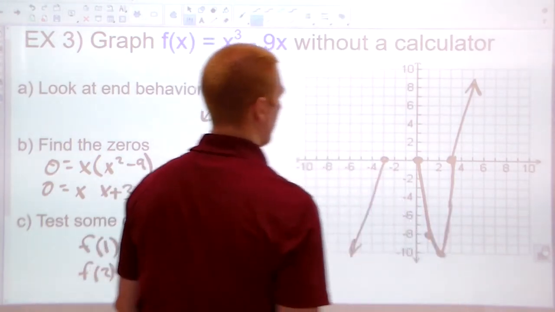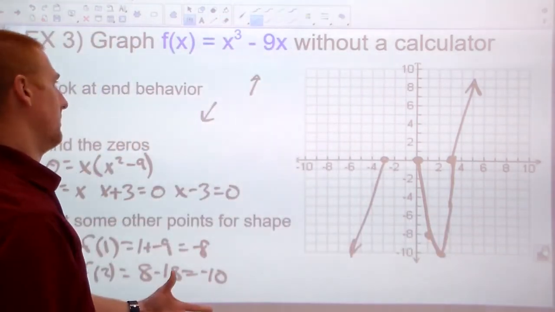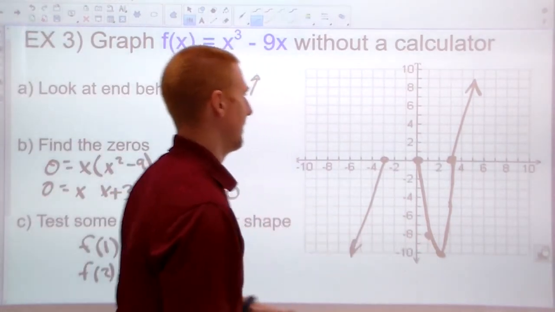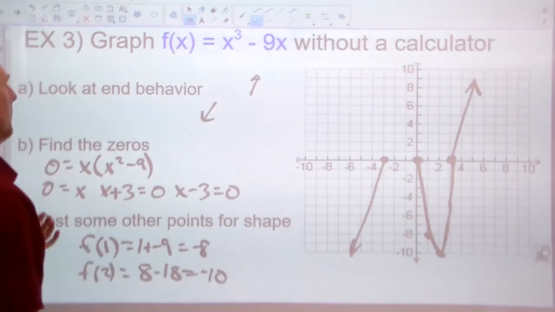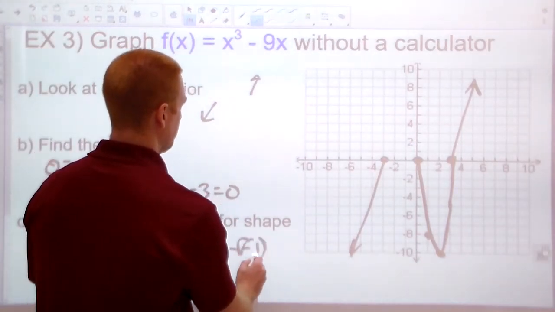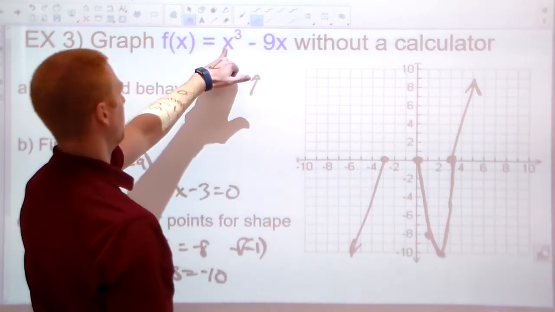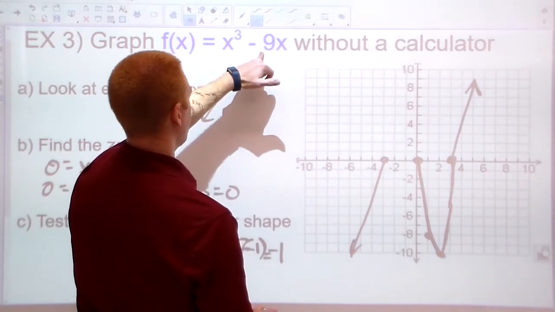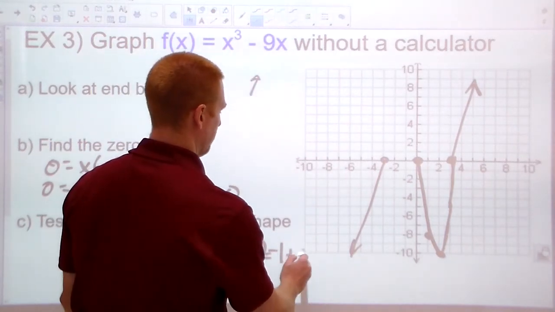All right, and then we could look to see if this was an even or odd function. Then we could just duplicate some points. I don't know if that's really worth it at this point, but if I did f of negative 1, well, negative 1 cubed is negative 1, and minus 9 times negative 1 is plus 9.